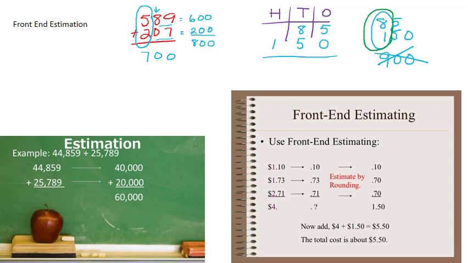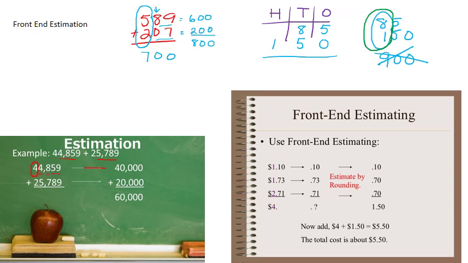So make sure that you're putting your place values correctly before you do any kind of gathering of the front ends. Okay, let's have a look down here at the green chalkboard. They've given some examples: 44,859, 25,789. They've said that they're just using the front digit, and then the rest of the digits are zeros.